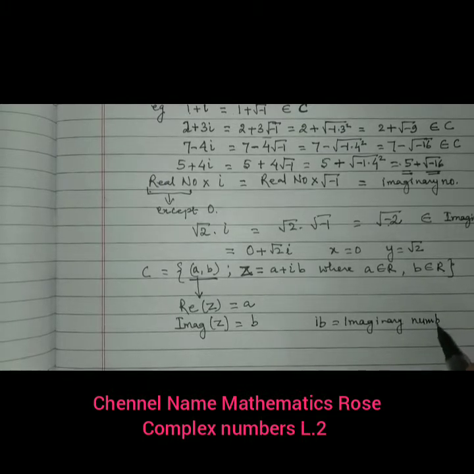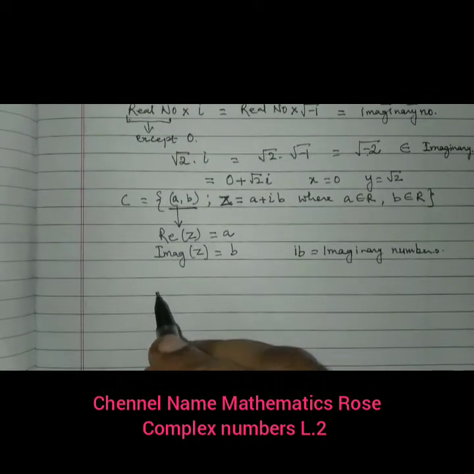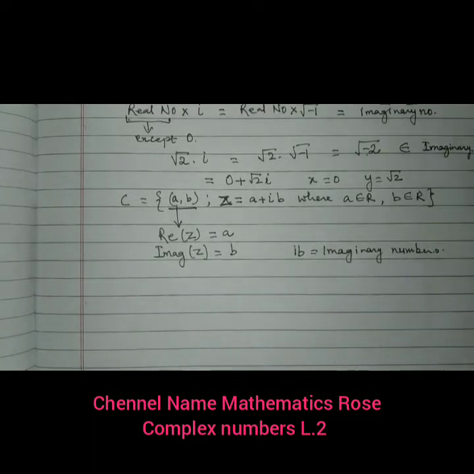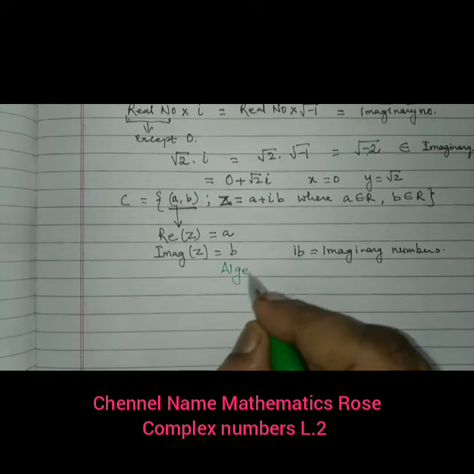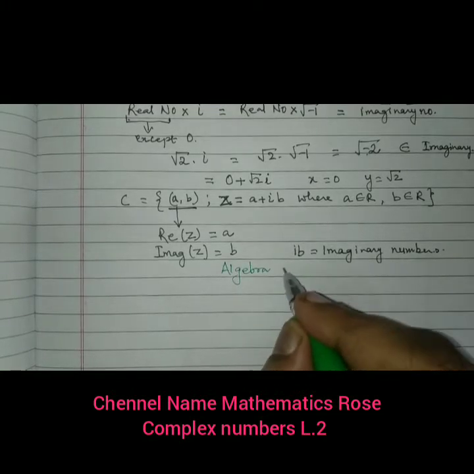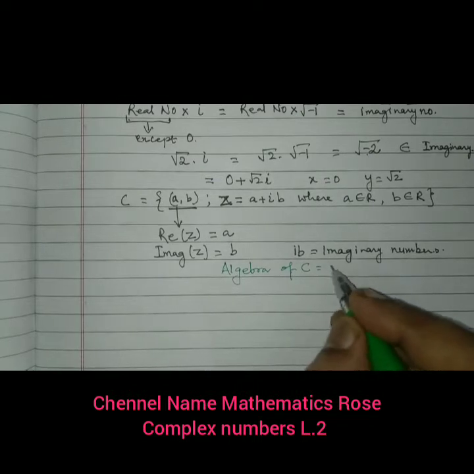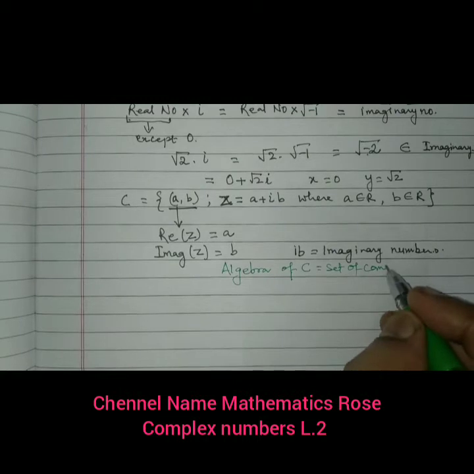Now we are coming to the algebra of complex numbers: addition, subtraction, multiplication, division. We will discuss it right now. So here is the algebra of C, where C means the set of complex numbers.